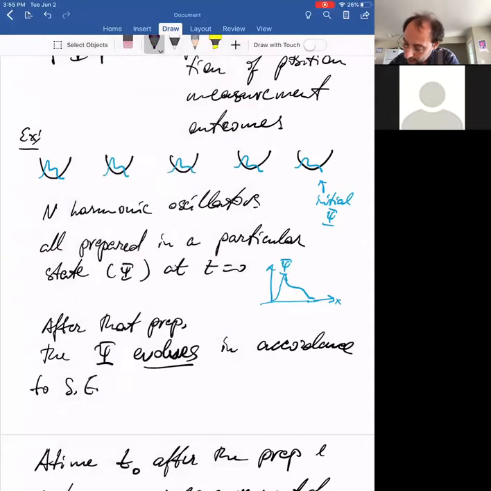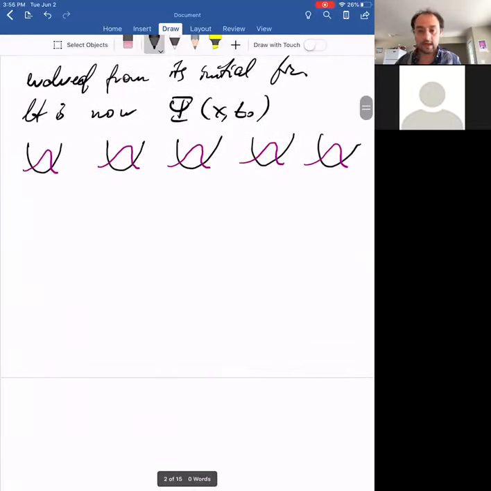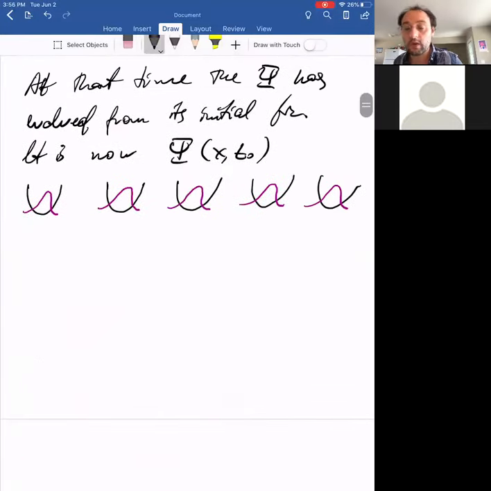So I have replicas, in this case, of harmonic oscillators. I'm just drawing 5 of them. I prepare all of them in some initial state. That wave function evolves. And at some time t naught after the preparation, for example, 10 minutes after, I'm going to perform a position measurement.